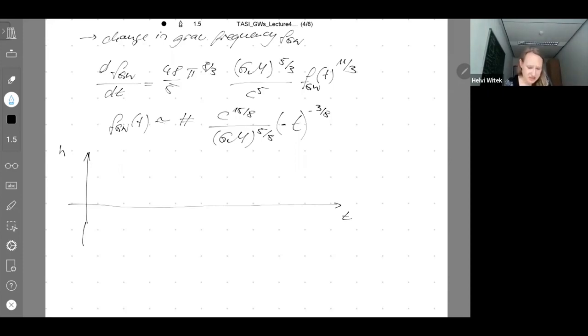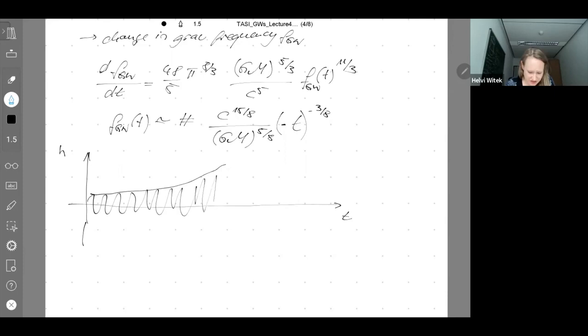If we just plot the envelope of the frequency evolution, it would go something like this. So the amplitude would increase in time, but also the frequency itself would increase in time.